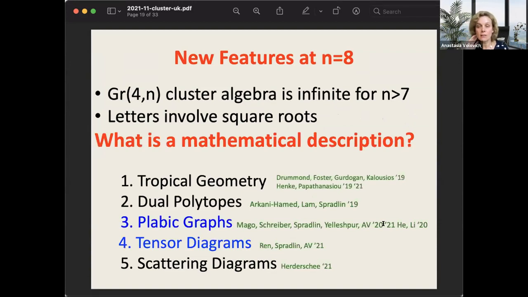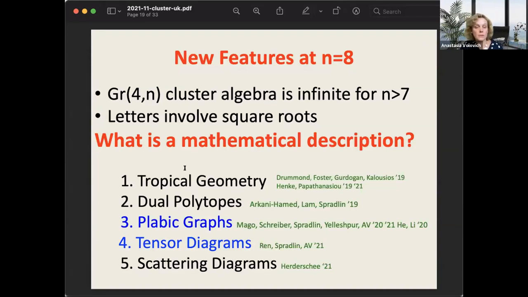There have been several approaches to this problem, and I will only focus on what we've done. But I'll just say there is a description based on tropical geometry by Drummond, Papathanasiou, and others. This tropical geometry is a generalization of the Speyer-Williams construction from 2003.